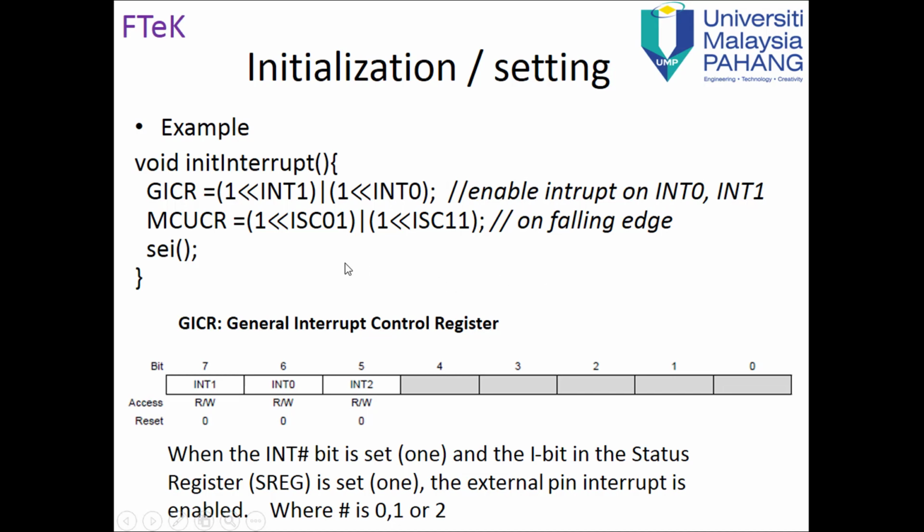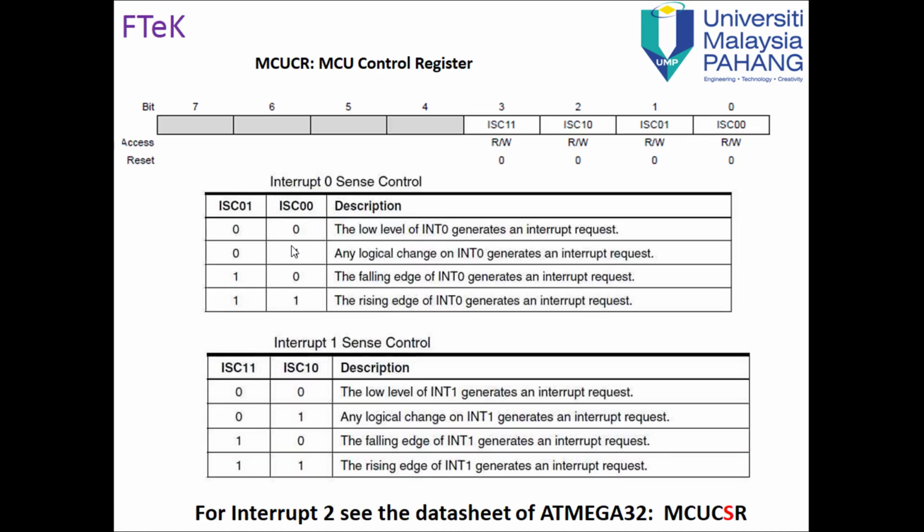There's another register called the MCUCR. As you see, it has these 4 bits. These 4 bits decide the way the interrupt is triggered. For example, let's take interrupt 0. These 2 bits are for interrupt 0. If it's 0, 0, that means a low level generates an interrupt request.